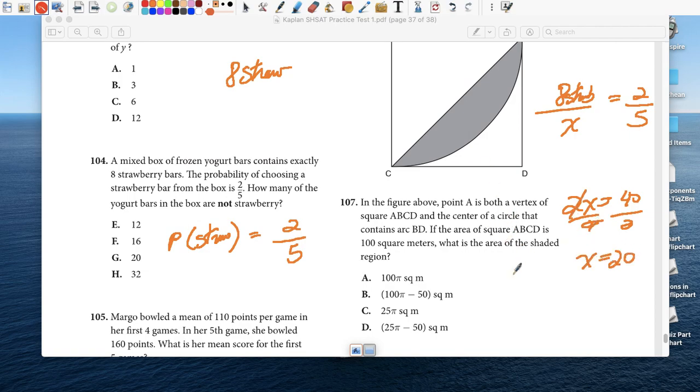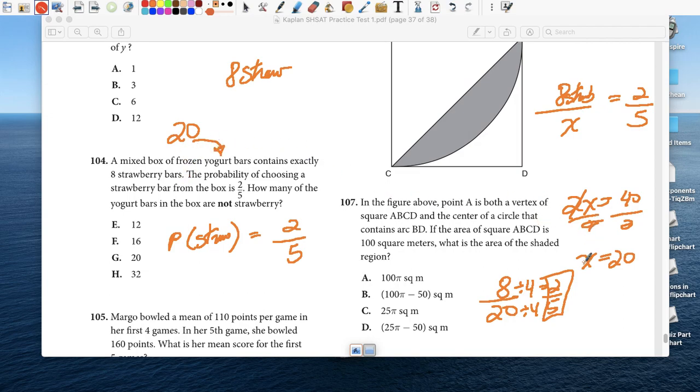Just to confirm, so we had a box of yogurt bars, and we wanted the probability of strawberry. The probability of strawberry was 8 over 20. Does that really simplify to 2 over 5? Well, if we divide this by 4, we get 2, and divide this by 4, we get 5. Yeah. So we're good. So in the beginning, this mixed box of frozen yogurt had 20 yogurt bars.